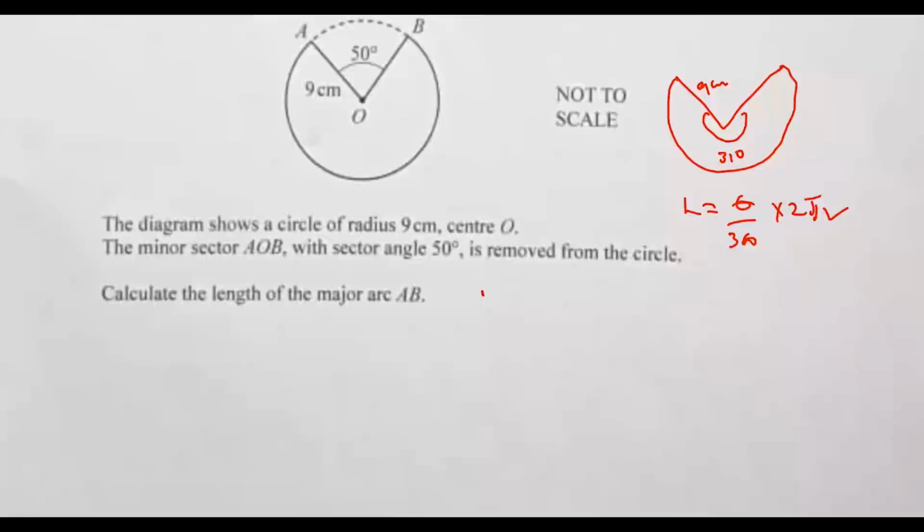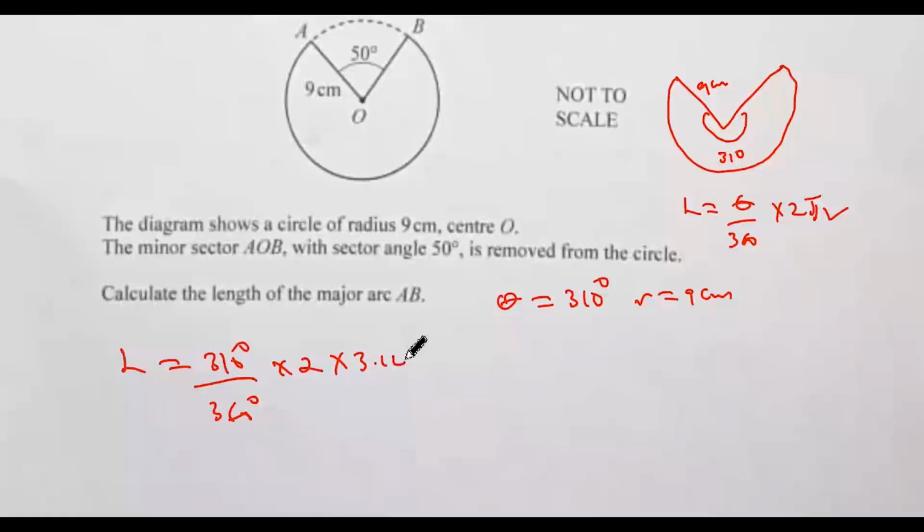I know that theta is equal to 310 degrees and the radius is equal to 9 centimeters. So if I key in the values here, the length of the major arc AB will be 310 degrees over 360 degrees times 2 times 3.14, that's the value of pi, then times 9.